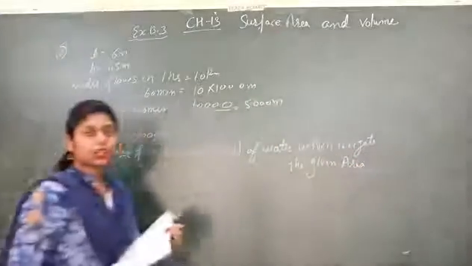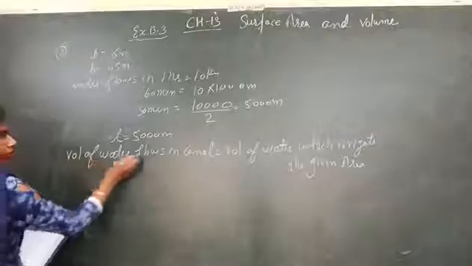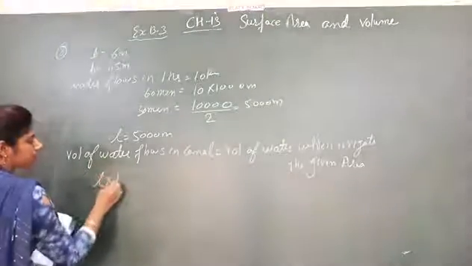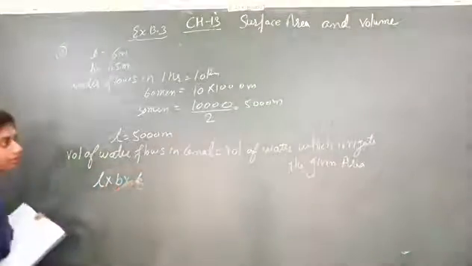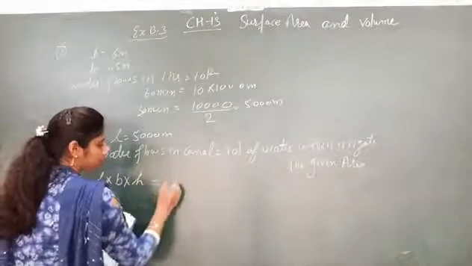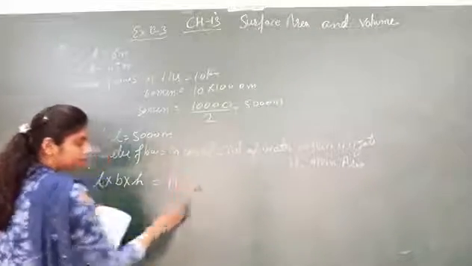Both the volumes are the same. The canal is cuboidal in shape, so length into breadth into height. This volume is equal to area into height.